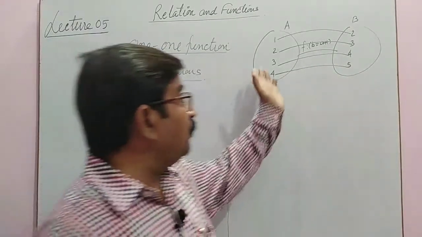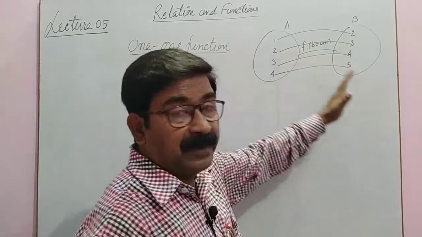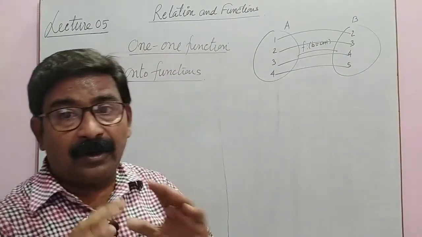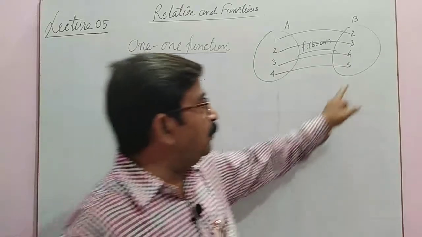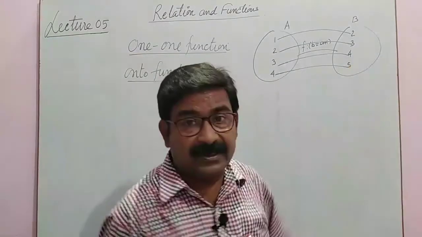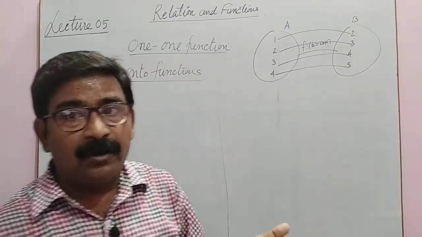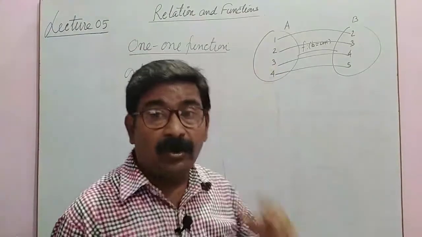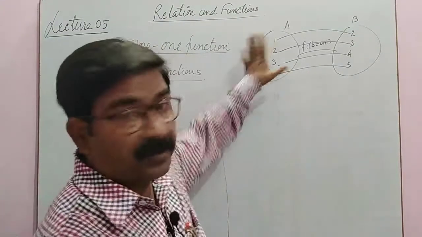Means when you are making the pairs of images and pre-images, and after all pairs are formed, if no element is left in the second set. It is obvious there must not be any element in the first set without a pair, because that is the definition of a function. So here there is no question.